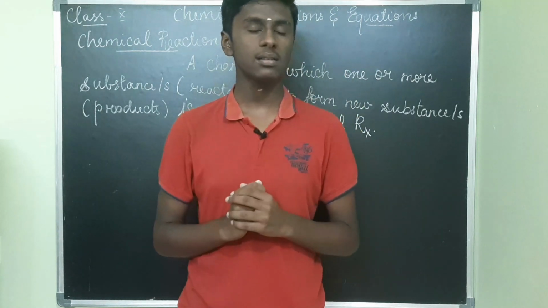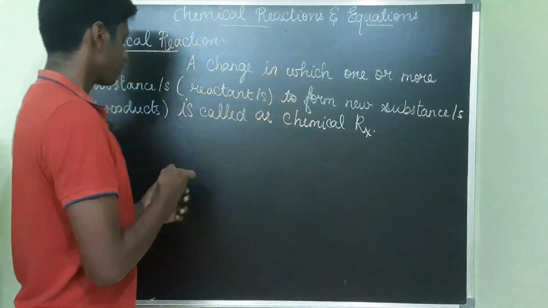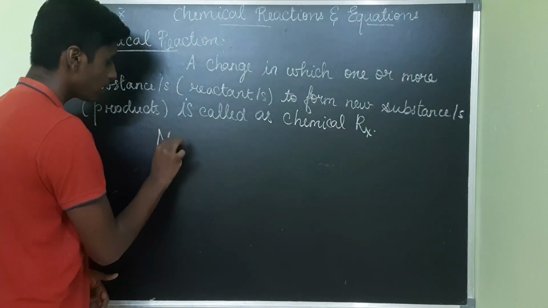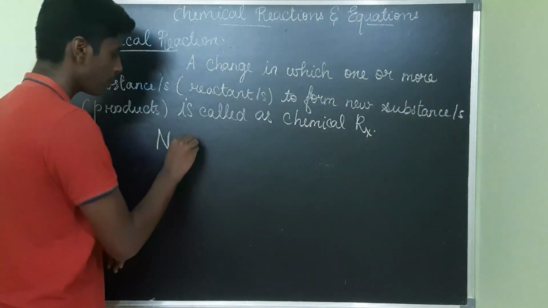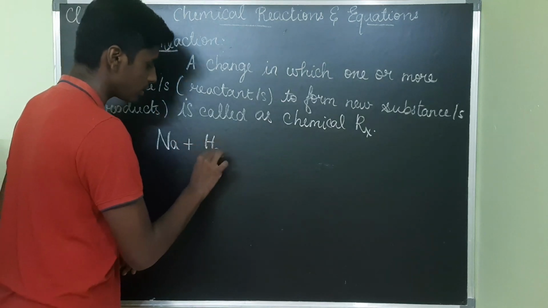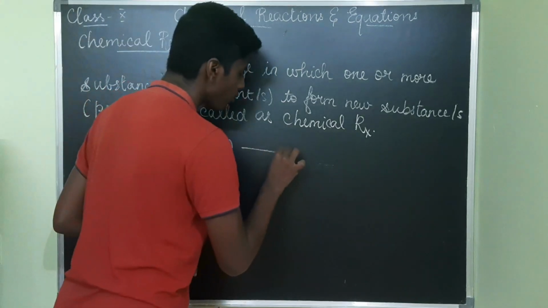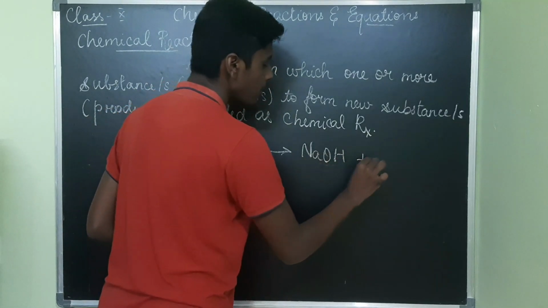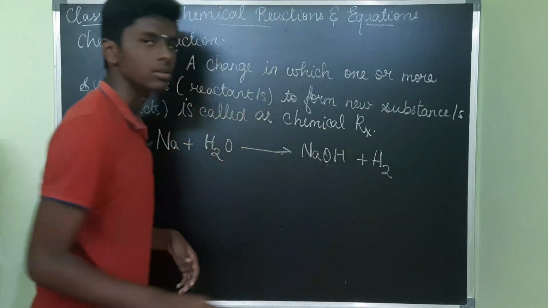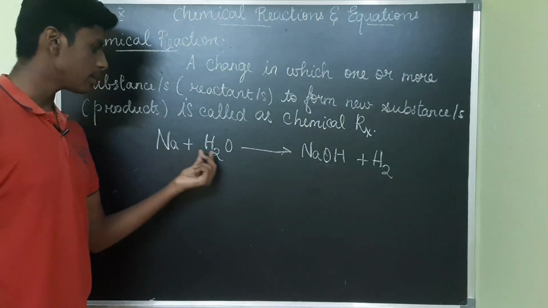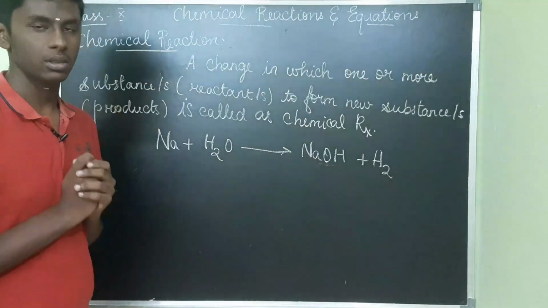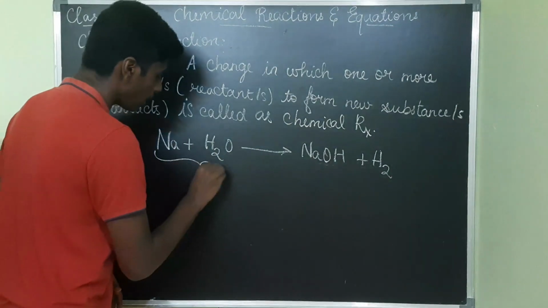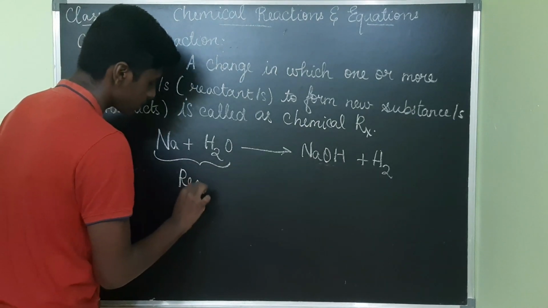So let us understand this by an example. Sodium, represented as Na, reacts with water, that is H2O, to give the product NaOH, sodium hydroxide, plus H2 gas liberation. So here sodium and water are reacting with each other, so they are called reactants.